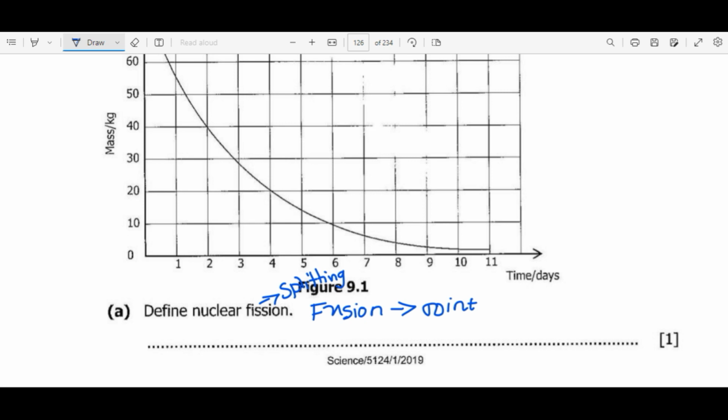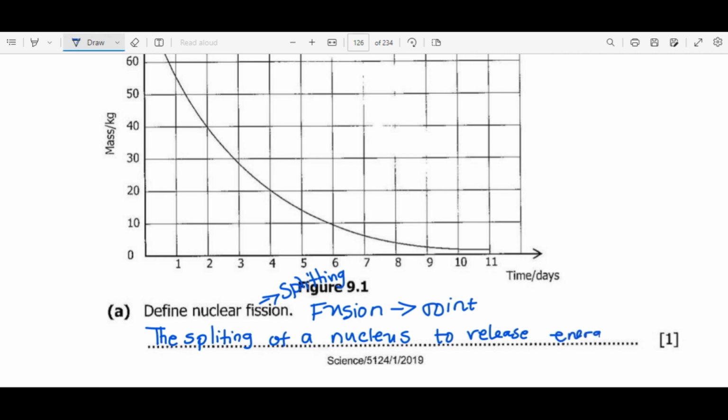So this is where the atom splits. We have a heavier atom which splits into smaller atoms, and not only are we going to have the fission products but also energy produced. So say the splitting of a nucleus to release energy.